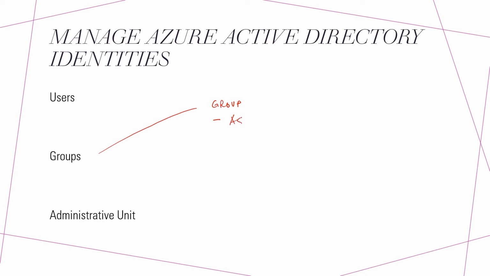They call it assigned. This is the most basic one. We call it a static group as well, because you just add the members manually.